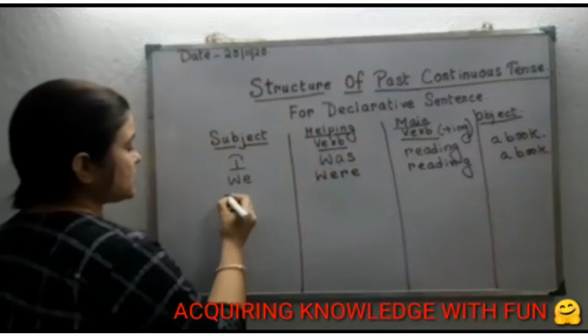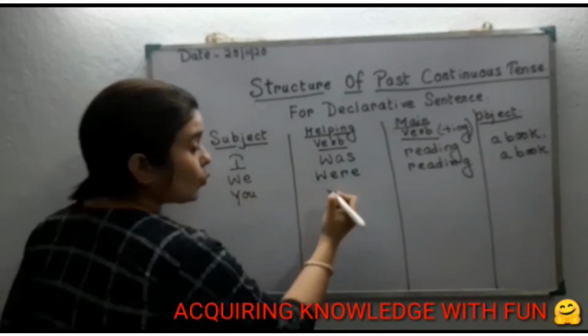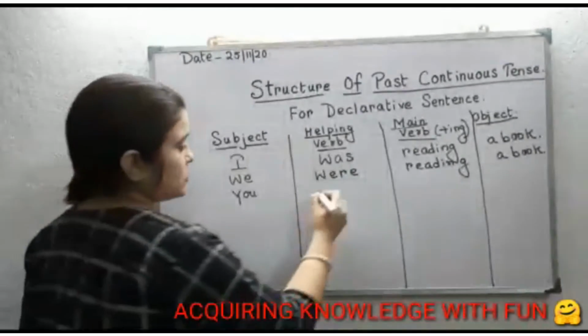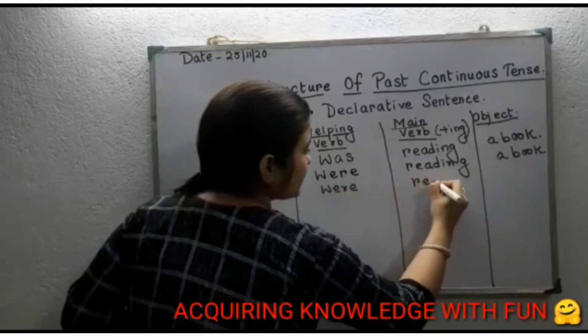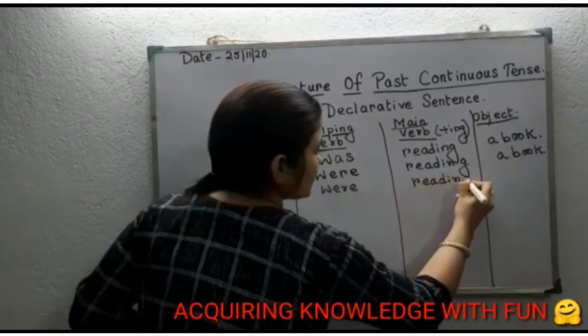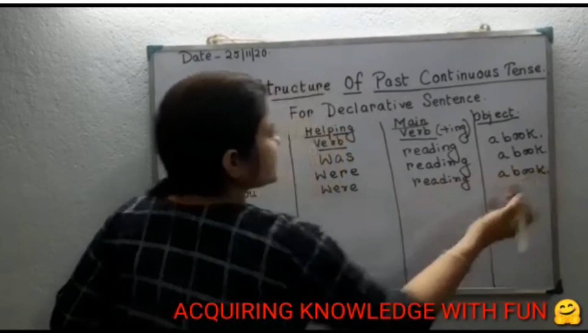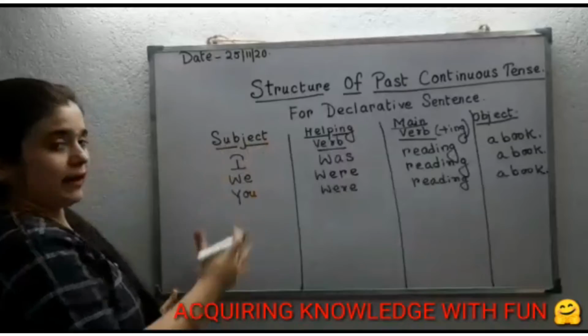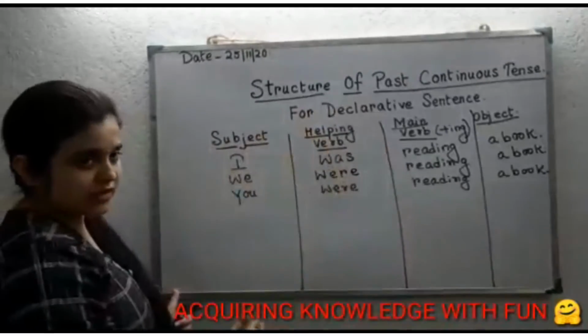Okay, next. You were or was? Were. Very good. We were reading a book. So like this way you have to frame the structure for declarative sentence in past continuous tense.